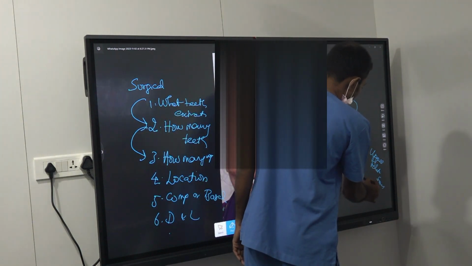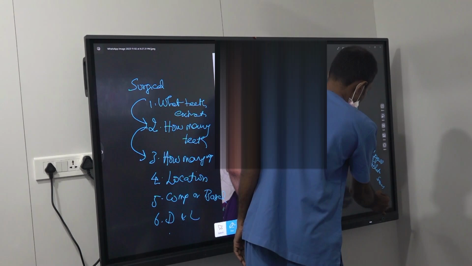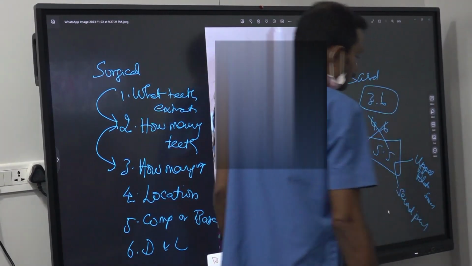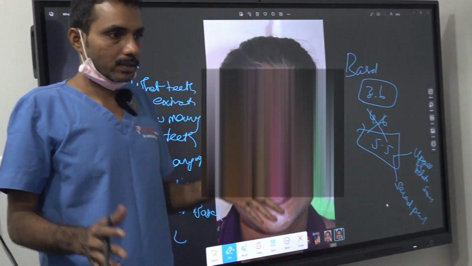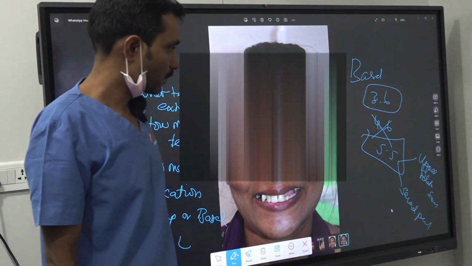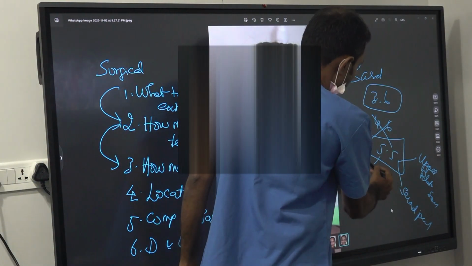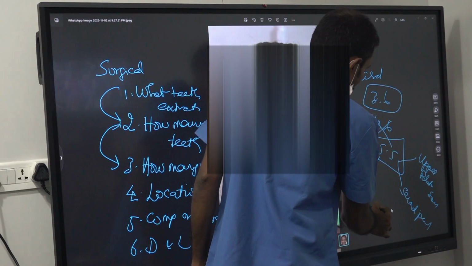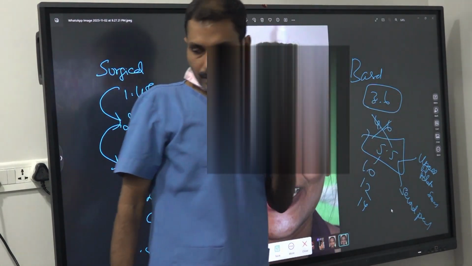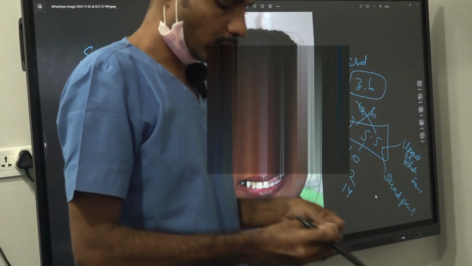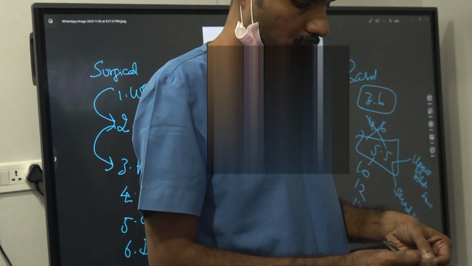And sometimes in the lower second molar, or first molar, second premolar, when the socket is very wide, you can place it. Usually 5.5 in 10, 12 or 14. Otherwise mostly it is 3.6. This is the 3.6 and this is the 5.5. You can see the difference.